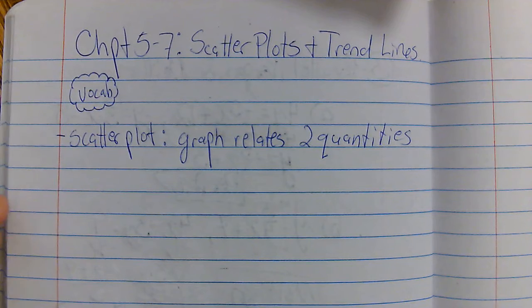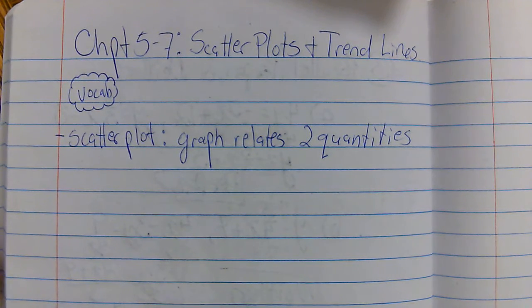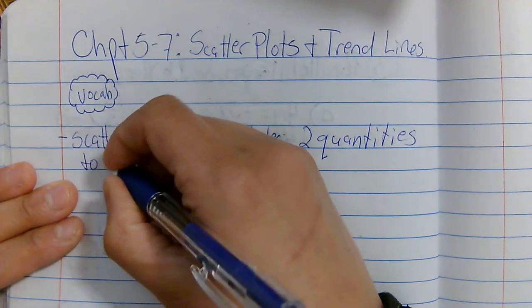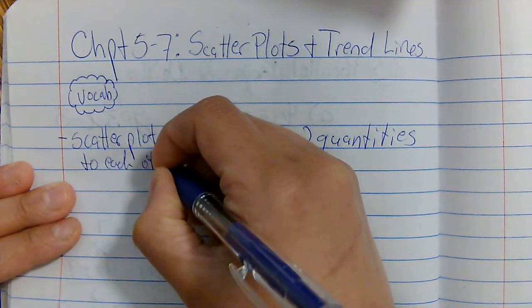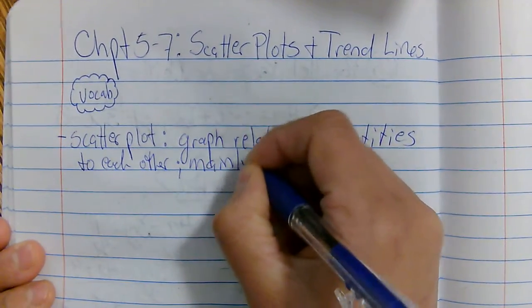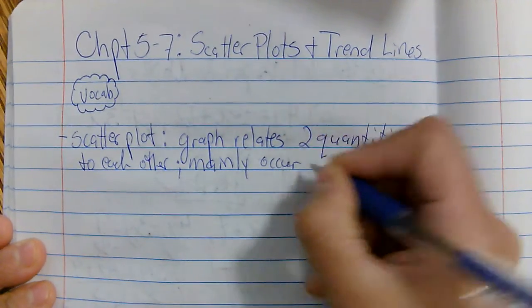We're comparing time and money. We're comparing height with time. So we're taking two different qualities and comparing them to each other, relating two quantities to each other. And these are mainly going to occur in quadrant 1.